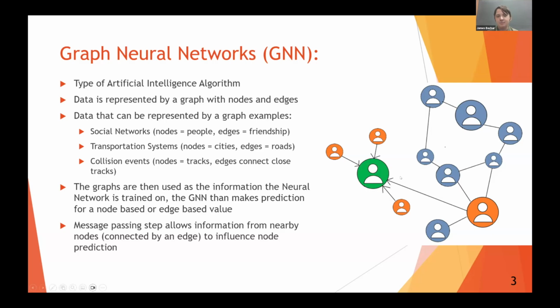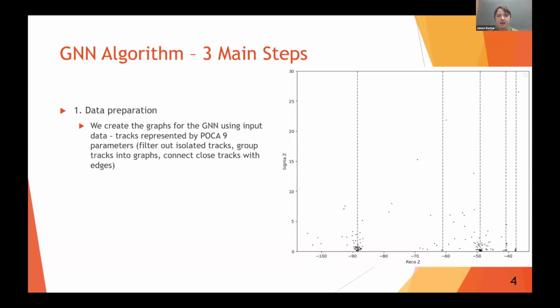Basically, the model takes the information from the neighboring nodes, which would be the people in orange here, and all of that information influences the track node prediction, which is this green person over here. That allows the model more flexibility to use the information from other data points, not just one data point by itself.